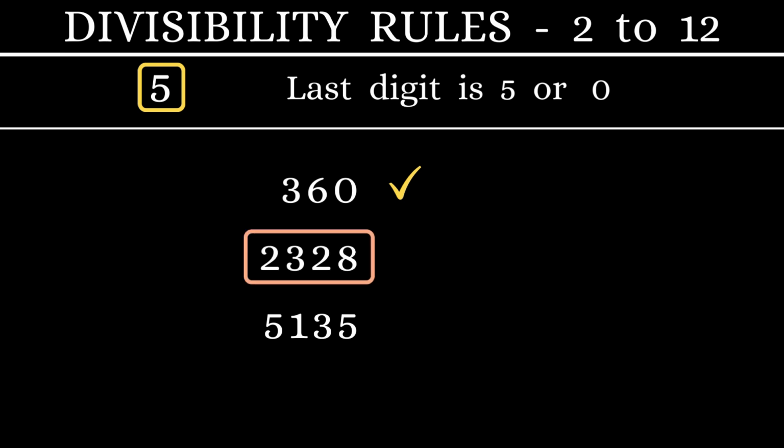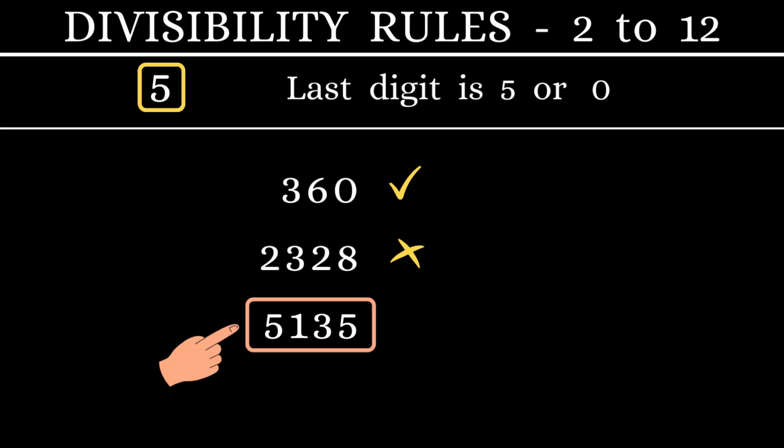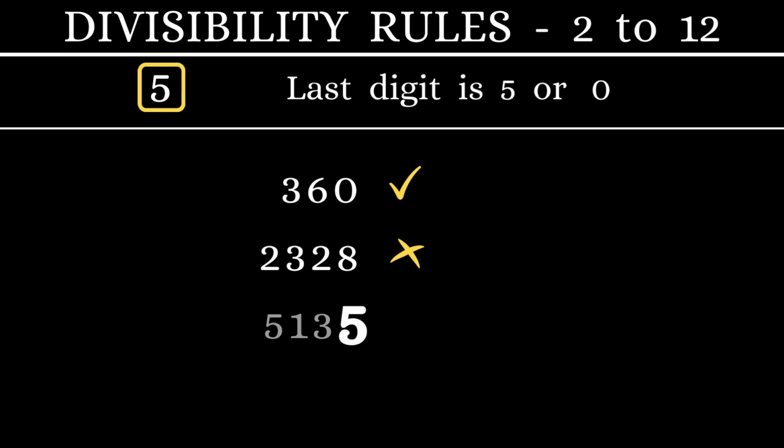So, this number is not divisible by 5. And in the last example, 5135, the last digit is a 5, which means this number is divisible by 5.